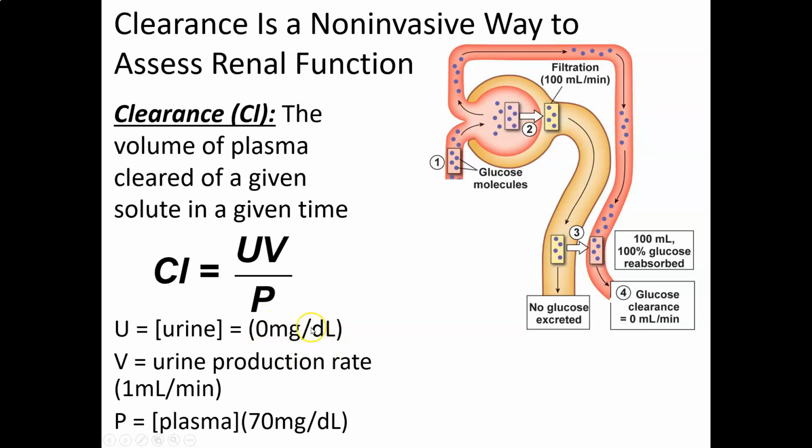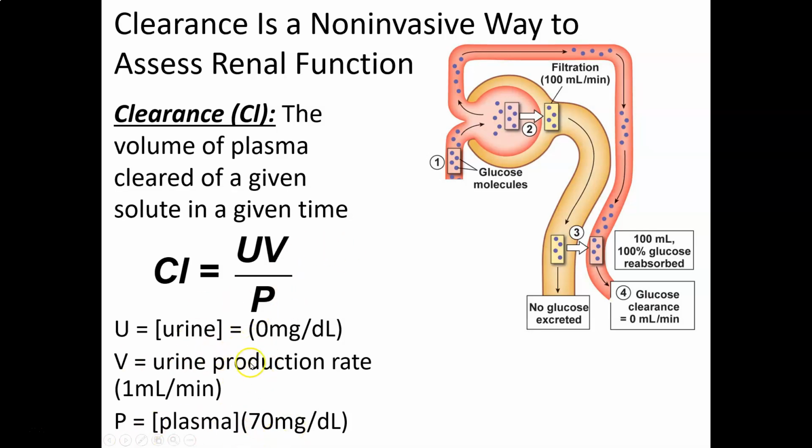So we would expect 0 milligrams per deciliter for the urine concentration. Urine production rate, a half a mil to 5 mils is normal, so 1 mil per minute. That's a nice, easy way to calculate. And for plasma concentration of glucose, we said 70 to 100 is normal earlier this semester in lab. So we'll use 70 for that.